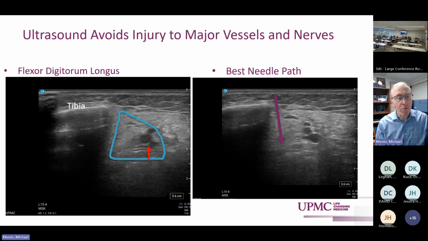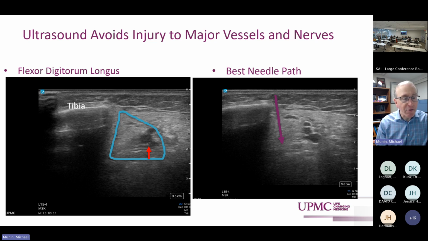Ultrasound in chemodenervation procedures is also helpful to avoid major vessels and nerves. Here I'm showing the flexor digitorum longus, this muscle outlined in blue, and you see the so-called Mickey Mouse. The big one is the tibial artery, and the two other ones are the tibial veins, and you see that the tibia bone is there.